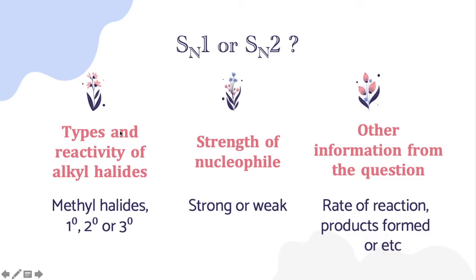The factors to determine whether it will undergo SN1 or SN2 mechanism depend on the types of alkyl halides, so whether it's methyl halide, primary haloalkane, secondary haloalkane, or tertiary haloalkane.